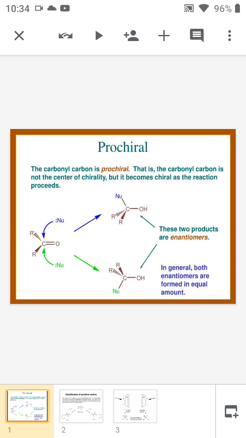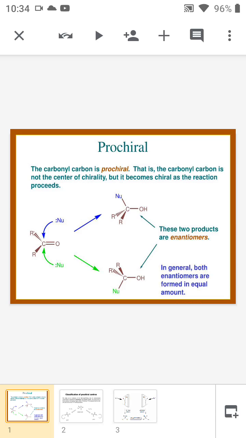So the carbonyl group is not a chiral center, but we can convert it into a chiral center by adding a nucleophile. If you add the nucleophile on the top face of the carbonyl group, we will get the first enantiomer.